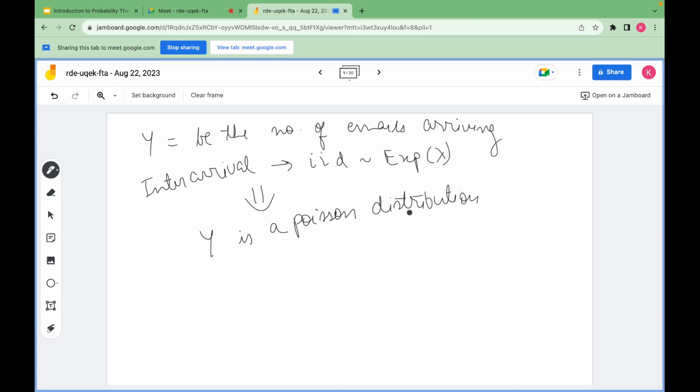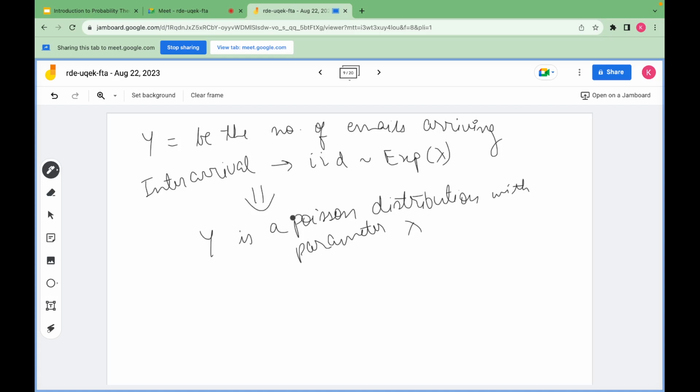For a Poisson process, the inter-arrival time is exponentially distributed with parameter lambda. So Y is a Poisson distribution with parameter lambda. Here Y is the number of emails arriving at a time, which follows a Poisson distribution with parameter lambda.